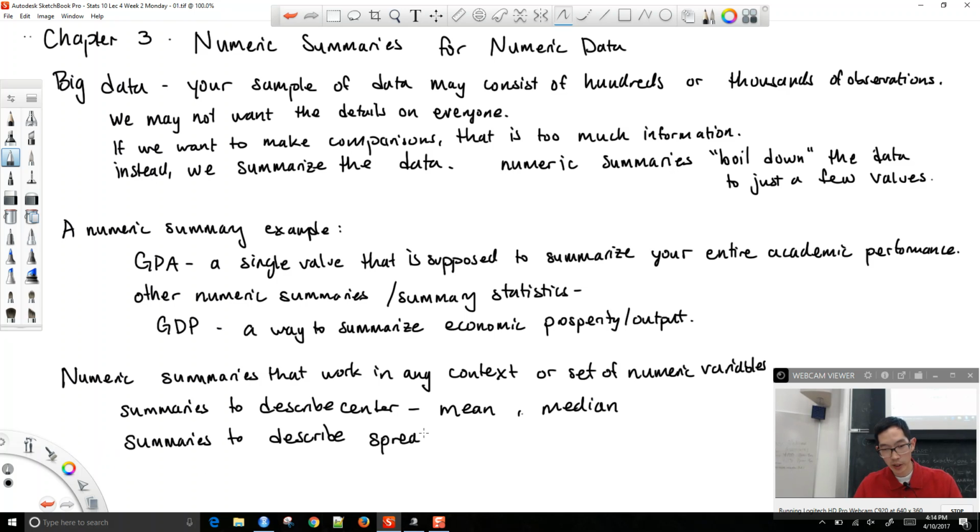And you may or may not have heard of these. We have the standard deviation, and the IQR. IQR stands for interquartile range.